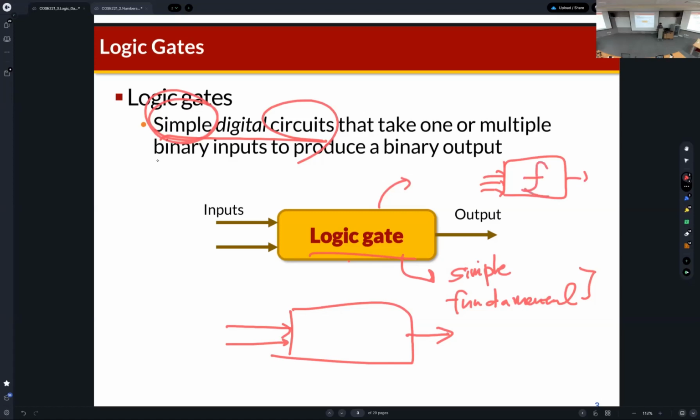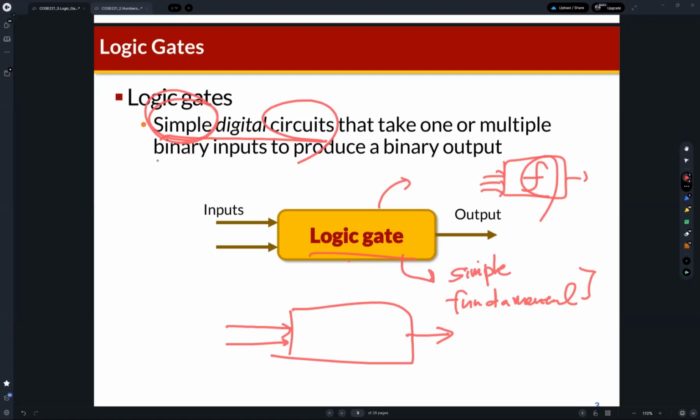So we can define the function of a certain module. That is modularity, and then we can organize multiple modules to yield a certain digital system.